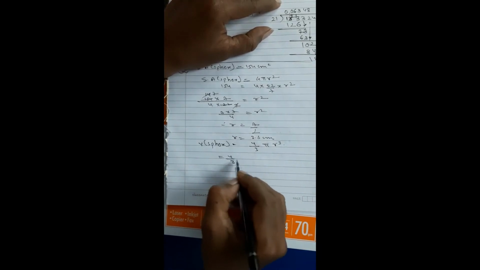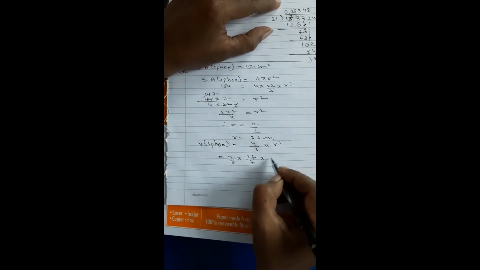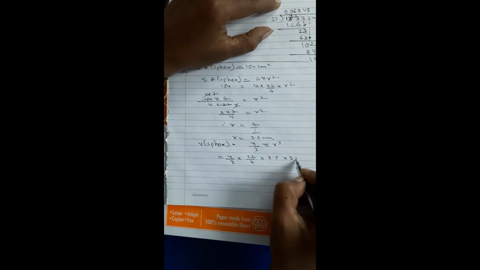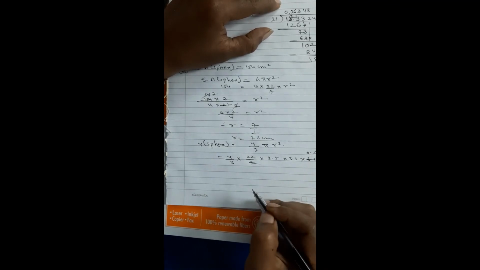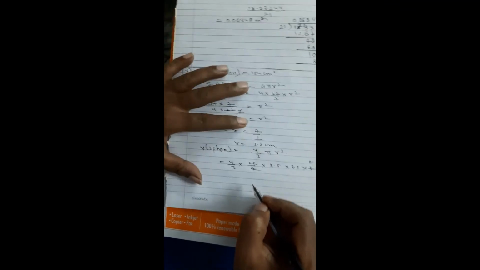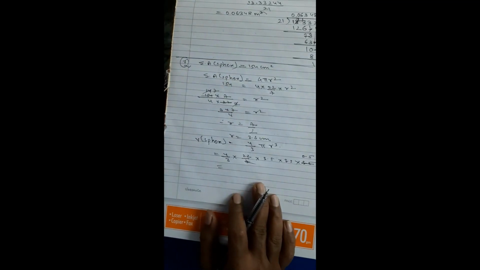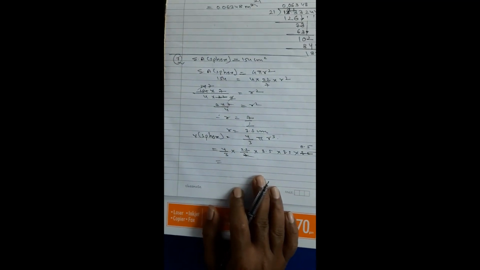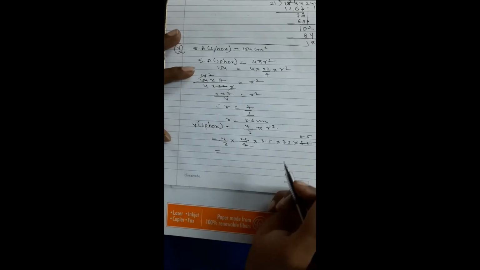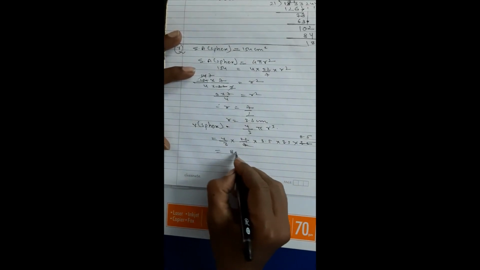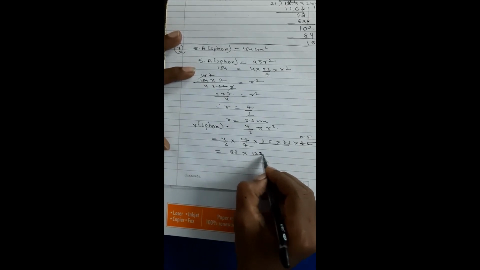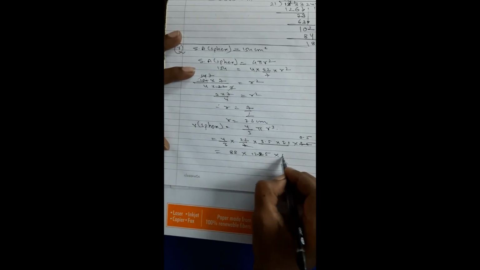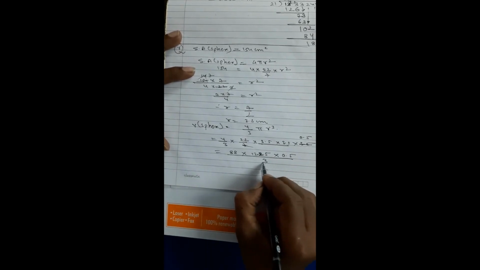But then the solution is going to be equally deadly even now. 3.5 into 3.5 into 3.5, 7 upon 2 cube. 22 upon 7 into 12.25 into 0.5 upon 3.